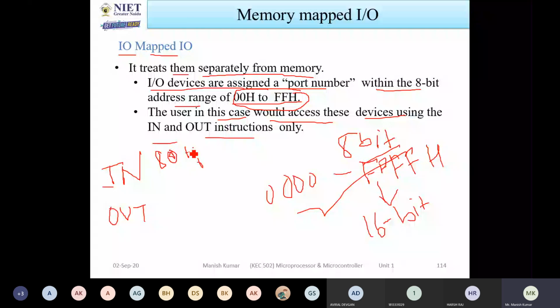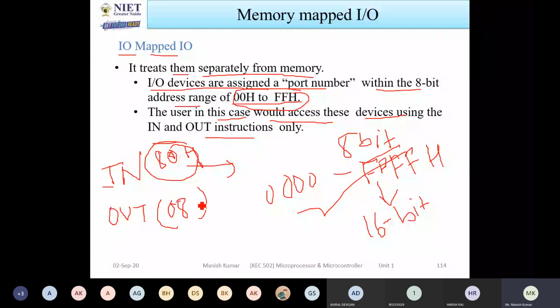When you are interfacing the input devices, it means that you are fixing the location of that device, so that location will work as an address for that device. That address is called a port address. So this port address is 8 bits. Same way in the case of output also, let us consider 08H.